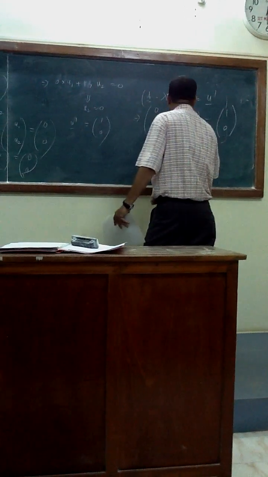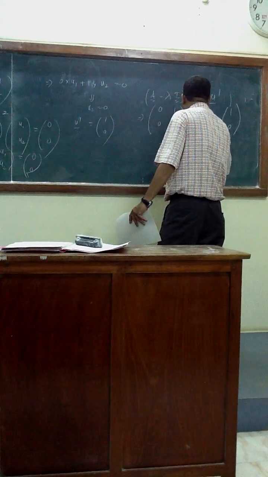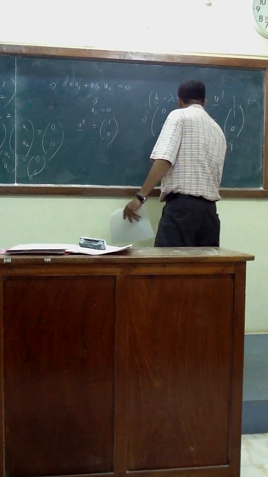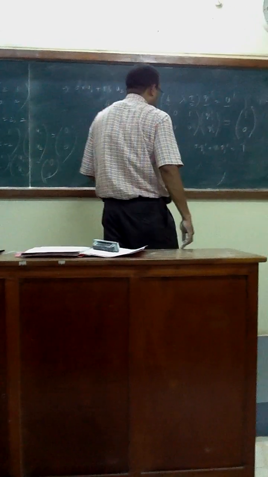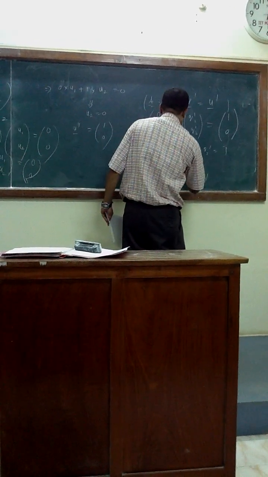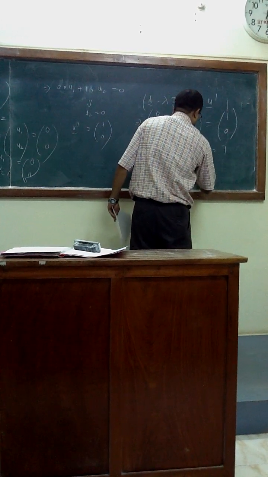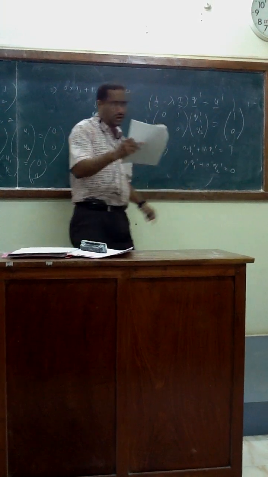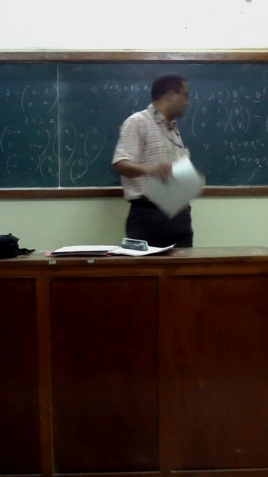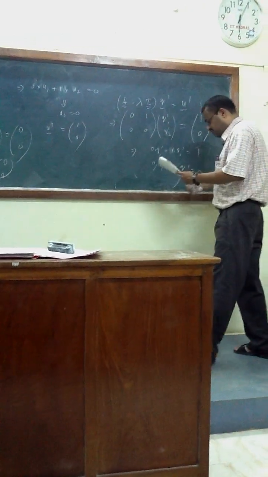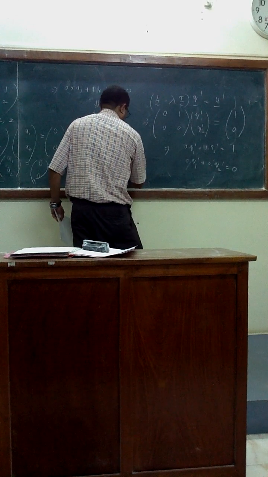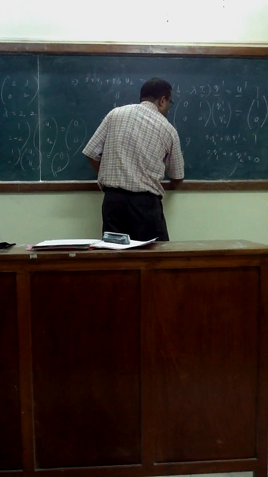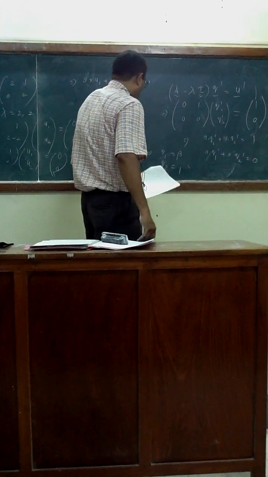So you are getting 0 into q1 1 plus 1 into q2 1 equals 1. And another equation, 0 into q1 1 plus 0 into q2 1 equals 0. This suggests that q2 1 equals 1, and q1 could be anything. So we can take q1 equals beta and q2 equals 1.